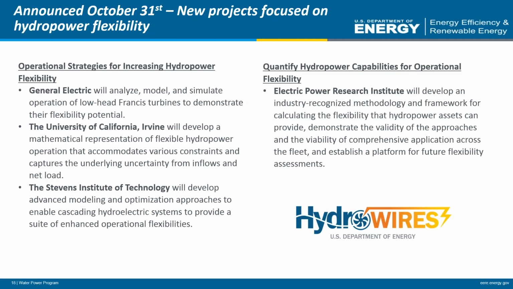On the individual project level, we awarded General Electric, the University of California at Irvine, and the Stevens Institute of Technology, which will begin to model individual projects to understand what the constraints are and what the flexibility of an individual project might be.